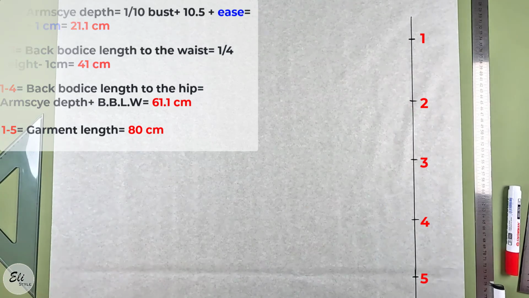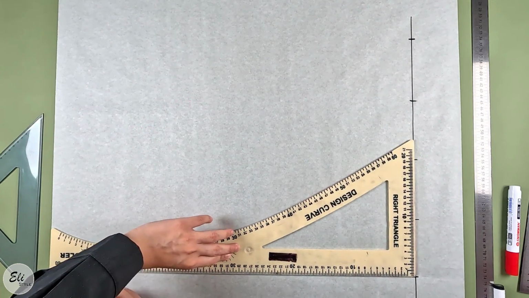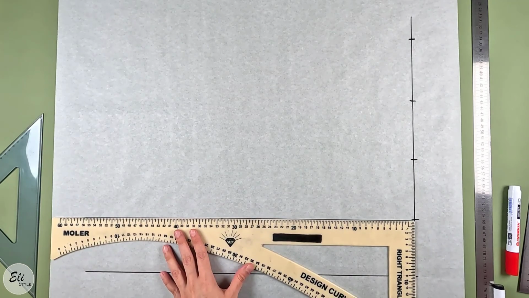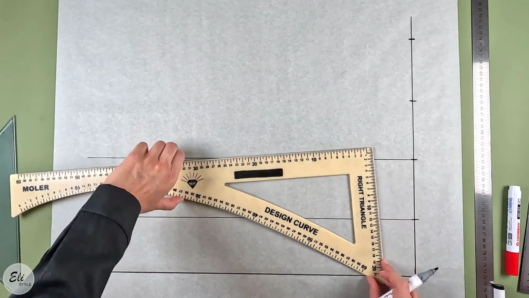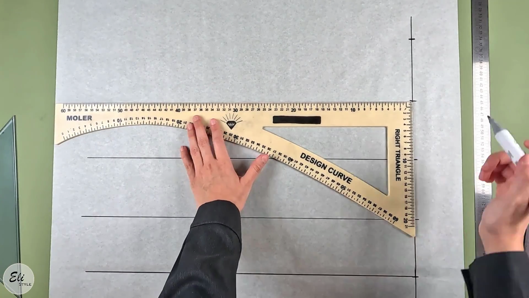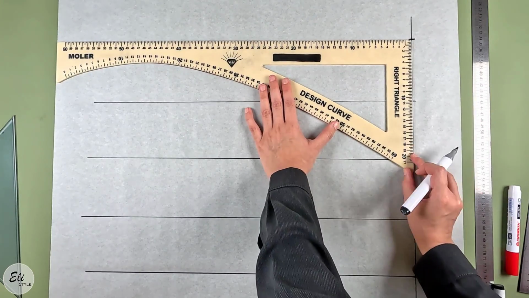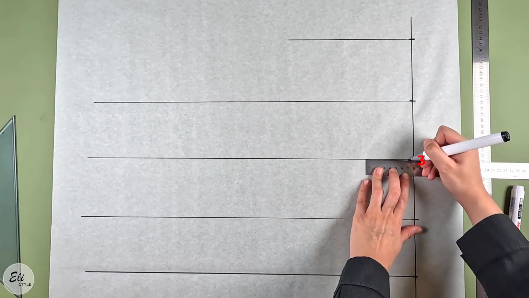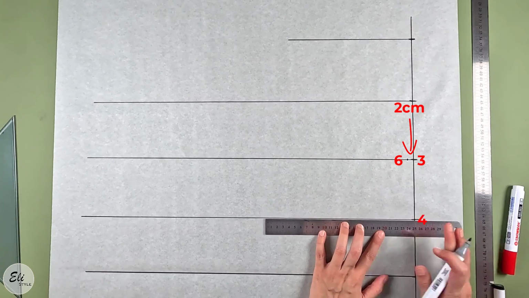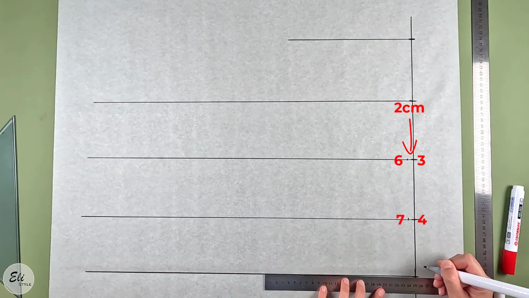Square out from these points, using a set square to draw horizontal lines. Mark 2 cm inwards on the waist, hip, and garment length line.